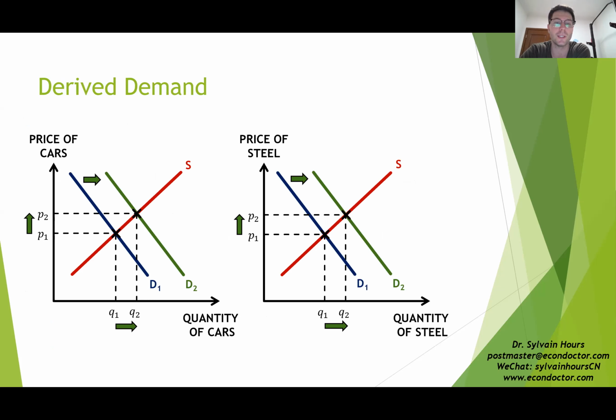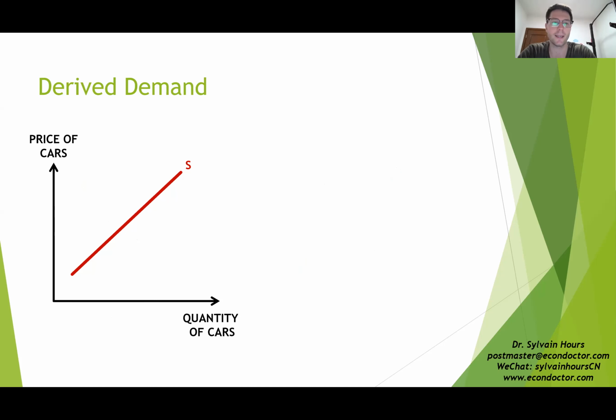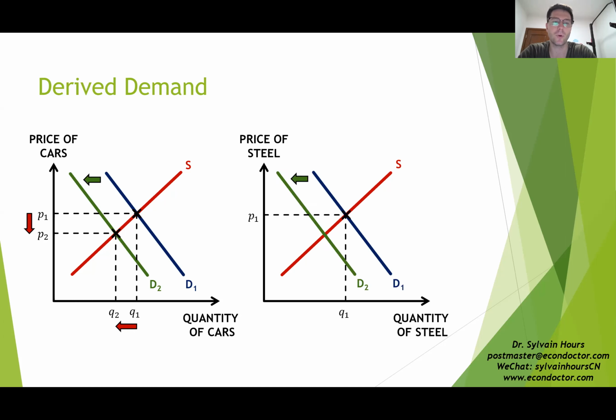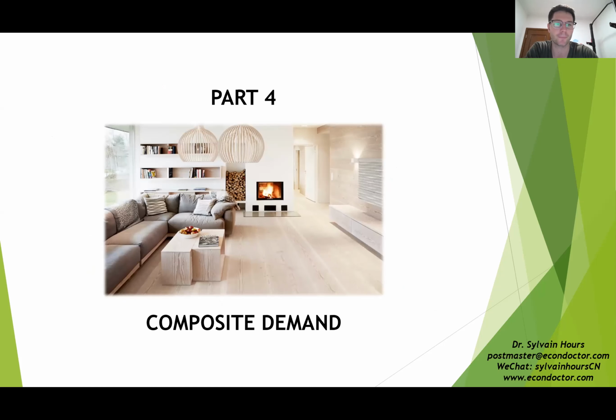So the demand for steel will increase, making the price of steel higher and the equilibrium quantity also higher. And same thing, of course, if the demand for cars decreases: lower price for cars, lower equilibrium quantity. So we want to produce fewer cars, and therefore we do not need to buy as much steel as before. So the demand for steel will decrease, leading to a fall in both the equilibrium price and quantity of steel. Okay, pretty straightforward.